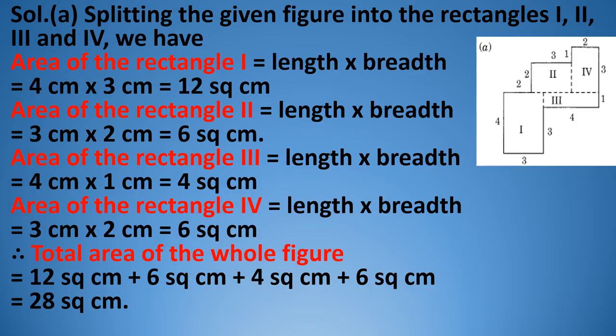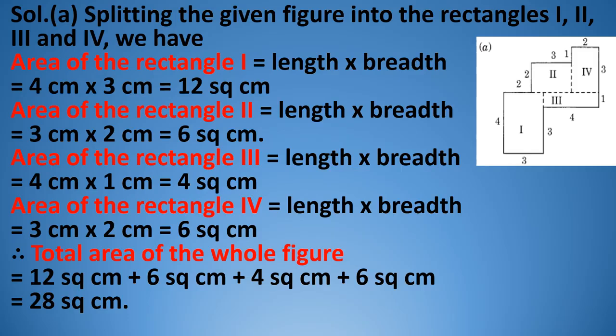Okay. Now if we will add all these 4 rectangles, what we will get? We will get the area of complete figure. So now add area of all the 4 rectangles. It is 12 square centimeter plus 6 square centimeter plus 4 square centimeter plus 6 square centimeter, which is equal to 28 square centimeter.